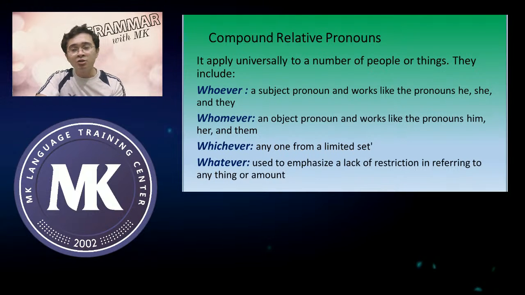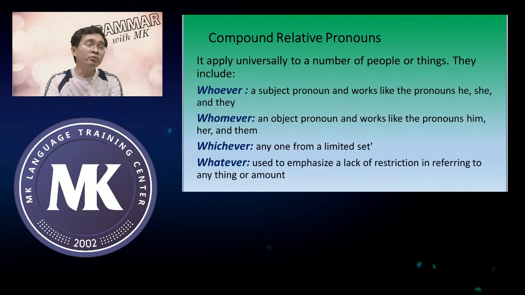Whoever can be used as a subject pronoun and works like the pronouns he, she, and they. So commonly, it can work as a pronoun near the subject sometimes. So you can use whoever. Later, I will give you an example of how to use this properly. And we also have the word whomever. We use this as an object pronoun and it works like the pronouns him, her, and them.